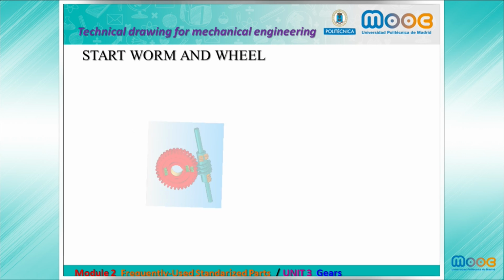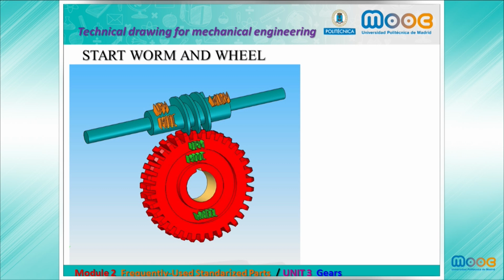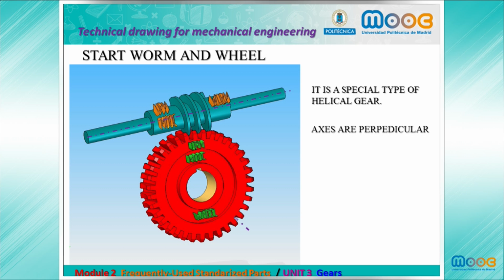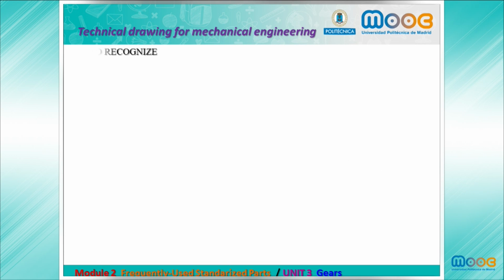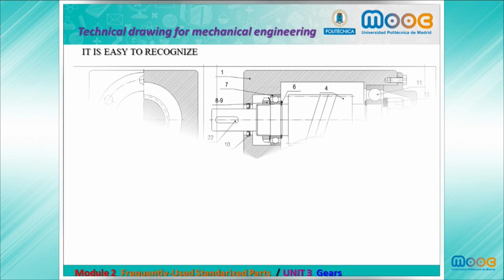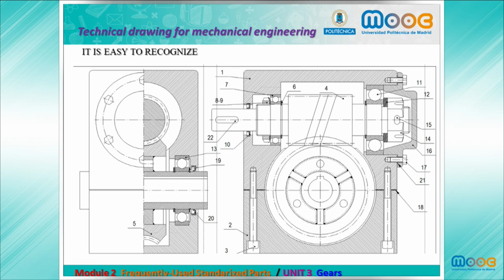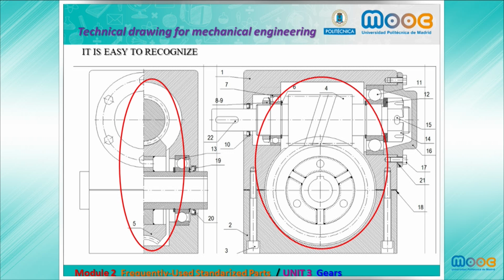Worm and wheel. It is a special type of helical gear. The axes are perpendicular. The most common type of gear has concave teeth for the wheel. It is easy to recognize in a drawing when we have this type of gear because of the peculiar shape of the wheel.